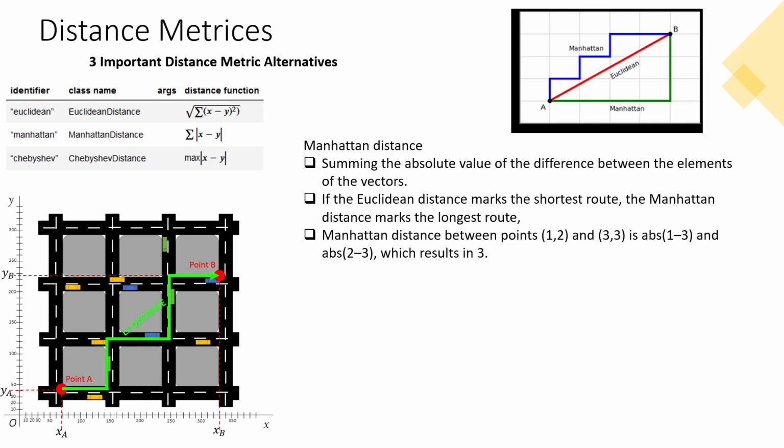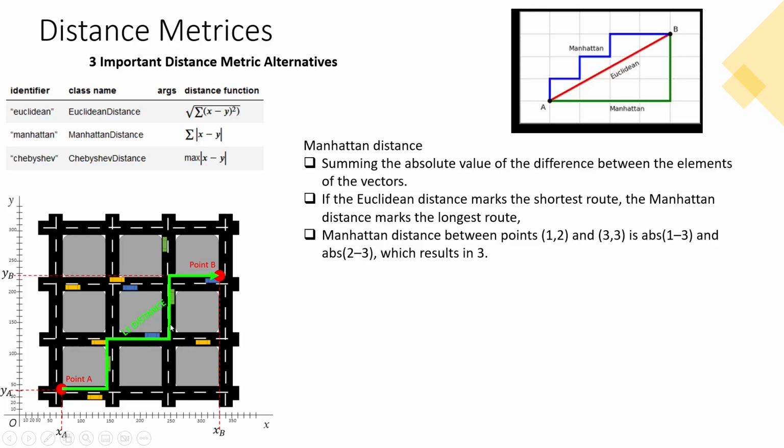The second metric is called Manhattan distance or city block distance. That's summing the absolute value of the differences between the elements of the vectors. If the Euclidean distance marks the shortest route, the Manhattan distance marks the longest route from one point to the other. Coming back to this example, let's say we are here and we would like to go here. This is a city, and these are the roads of the city. Since we don't have a helicopter in this case, we need to move from this point to here.